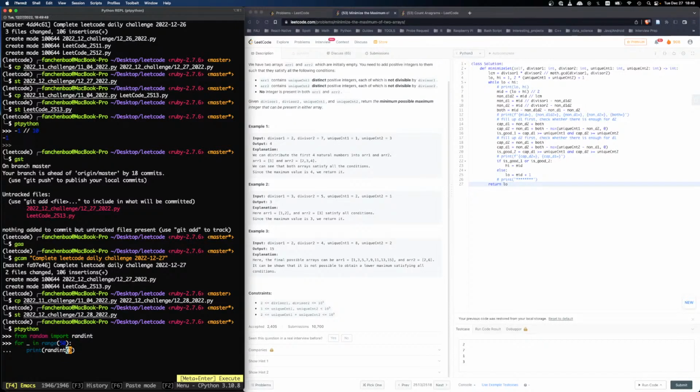Okay, let's be very bold. 2 to 10 to the 5th. This is the first one. This is the second one. Actually, don't do 10 to the 5th, I think 100 will be good enough. Yeah, let's just do 100. And 1000. How about this? Randint 1 to 1000. Last one, randint 1 to 1000.